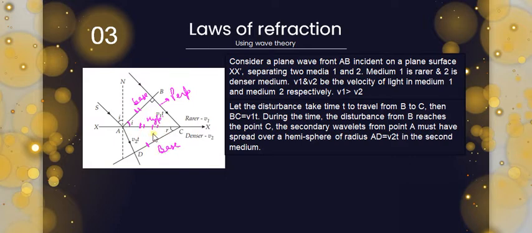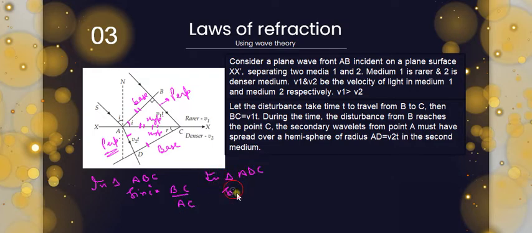In triangle ABC, sin I is given by perpendicular BC upon hypotenuse AC. Now in triangle ADC, sin R is given by perpendicular AD and hypotenuse AC.